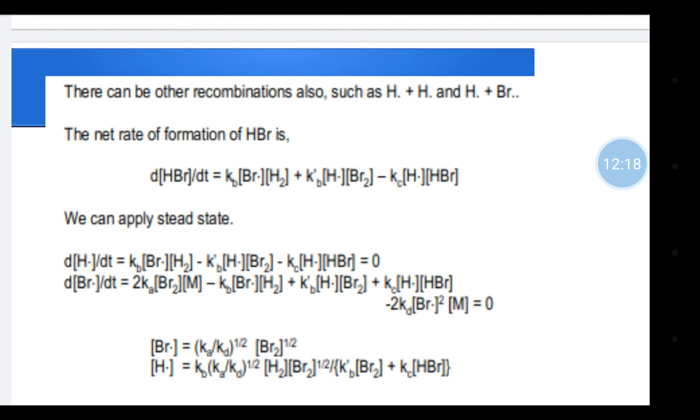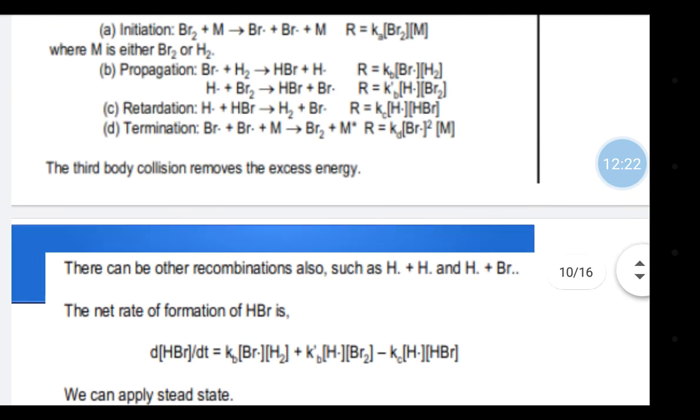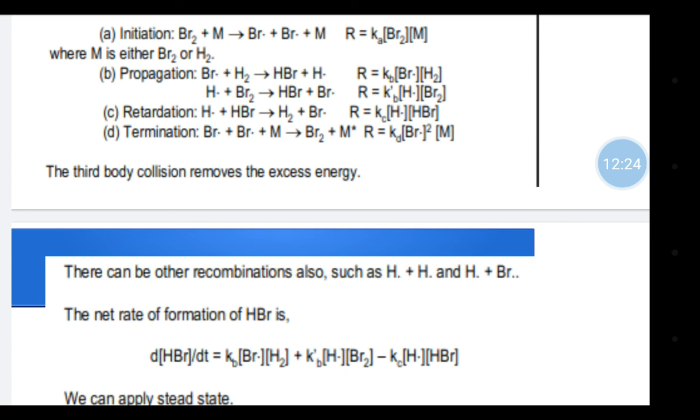And this HBr is present in three different steps. You can see that HBr is formed in two propagation steps and is used up in the retardation step. So the rate equation for HBr will contain three different terms.